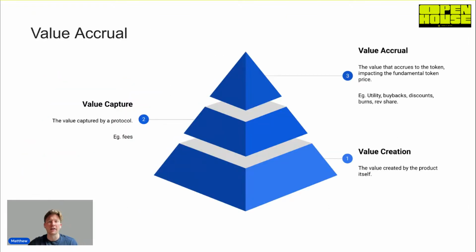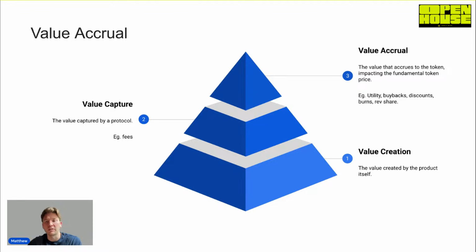And this slide, I think, just highlights that one more time. The value creation, the size of the product itself, and the capture, which can be through various mechanisms, be it fees or otherwise. Fundamentally, these three stages determine the amount of value that can be accrued to the token.